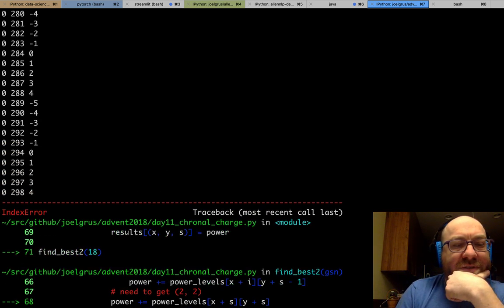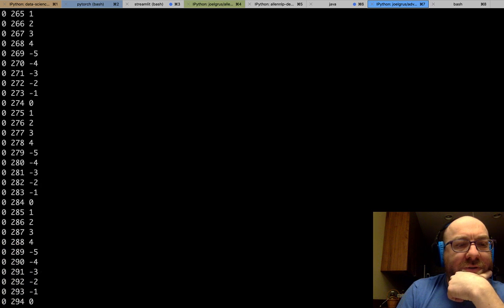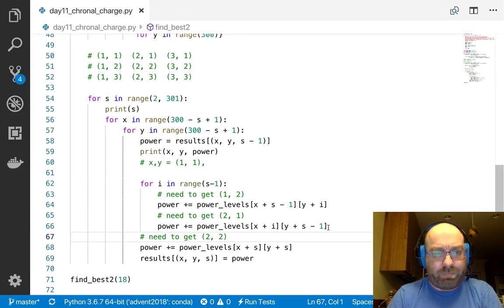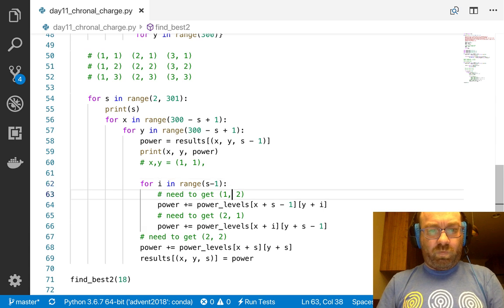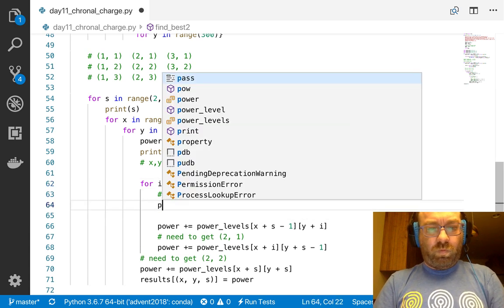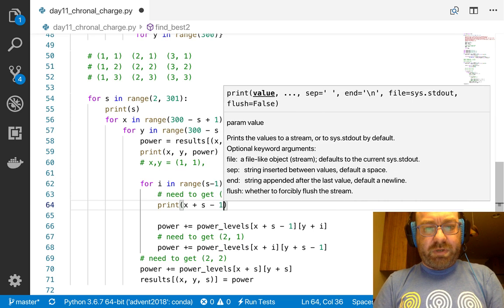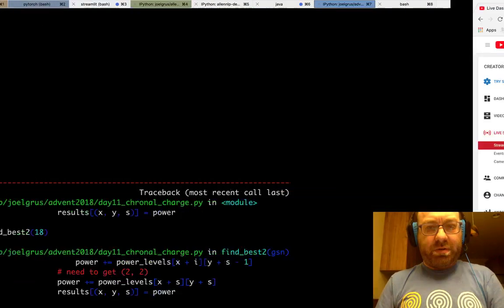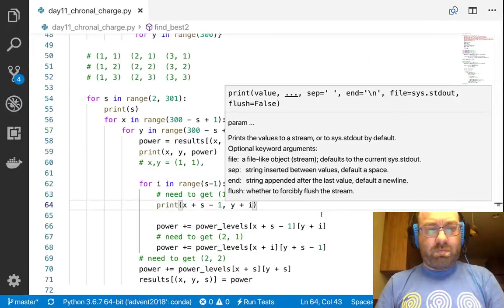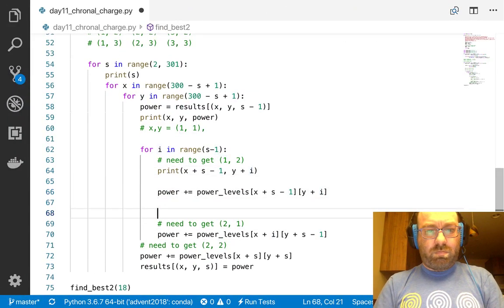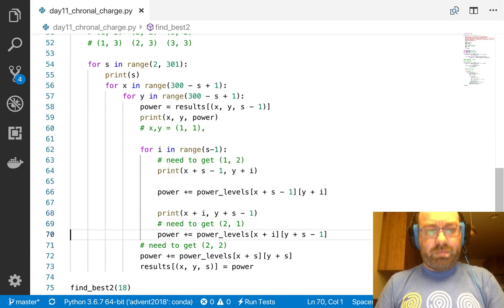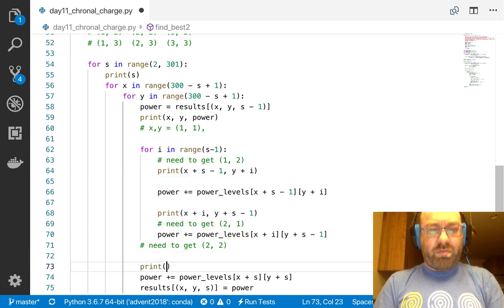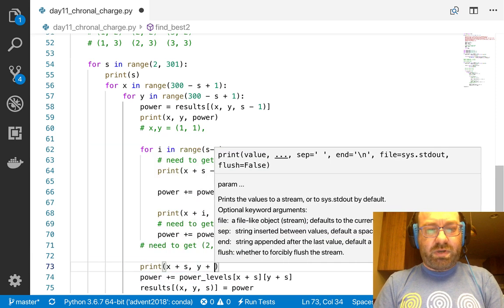But again, I get a list index out of range at, what am I printing? Print x plus s minus 1, y plus i. Print x plus i, y plus s minus 1, and then print x plus s, y plus s.